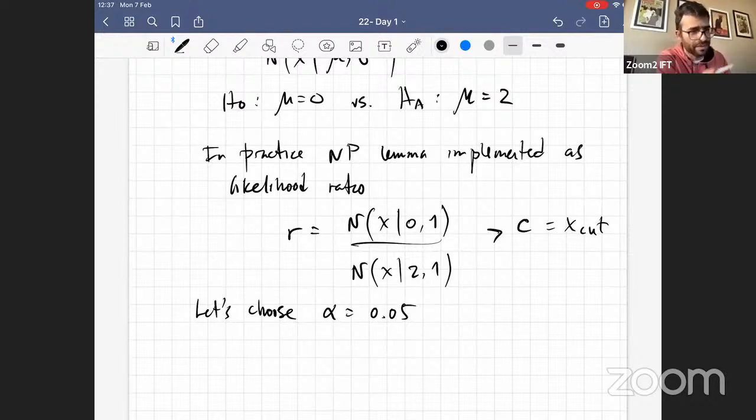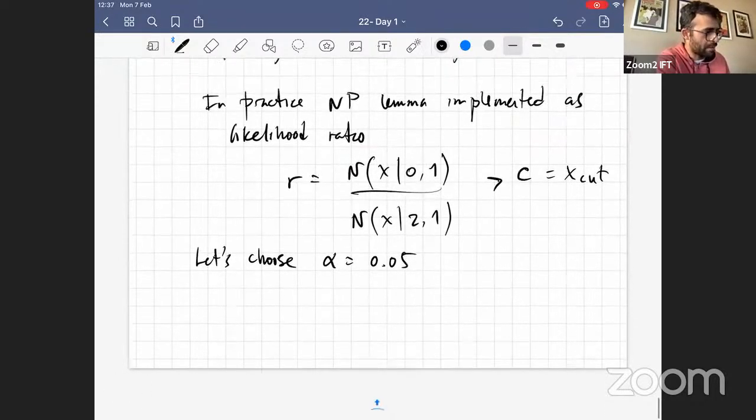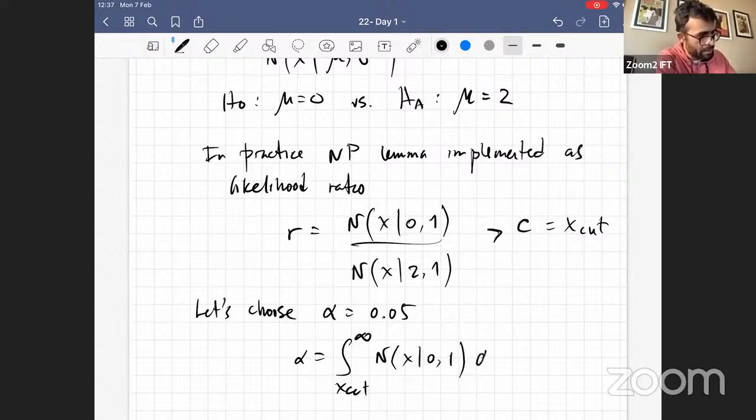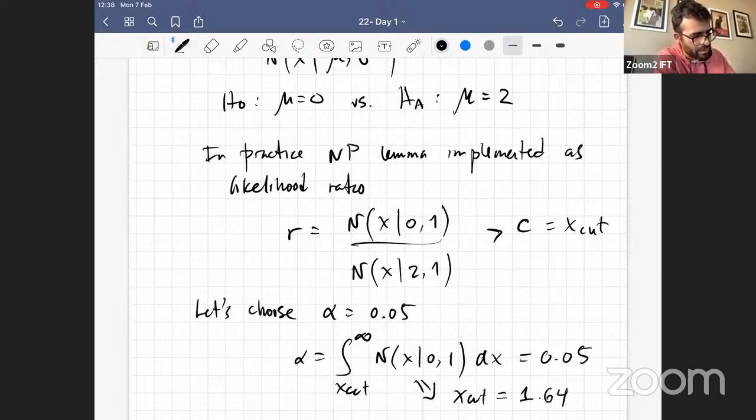This is the significance of the test. You have these numbers in tables, right? So if this is 0.05, it implies that X cut, you look at the tables and then you get it. This is more or less 1.64.